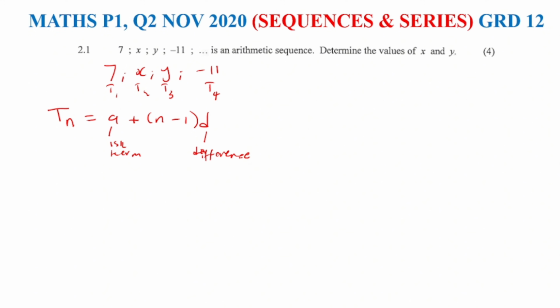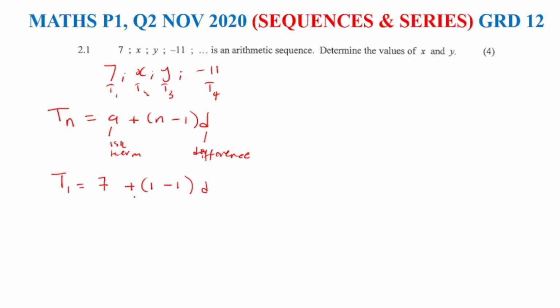Great stuff. So now we have got t1, so let's substitute into this formula here. T1 is equal to a, where a refers to the first term, which is 7, plus 1 minus 1 times d.